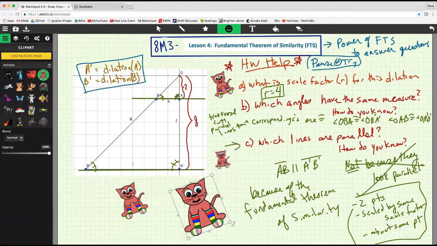Very involved stuff that we did today. But we're going to build on this as we move forward. We're going to continue doing problems with similarity. We're going to continue to do problems where we take parallel lines and cut them, and we look at triangles that are similar, big ones.